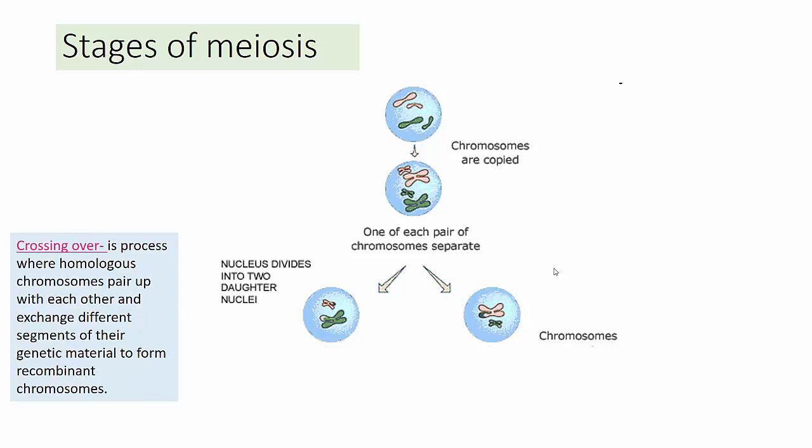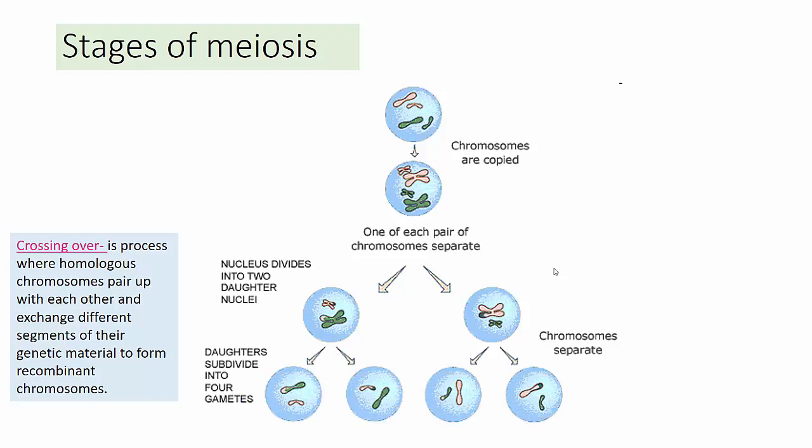So what that means is that the chromosomes swap bits of information with each other so that you always end up with slightly different gametes. Okay, that's why sisters and brothers don't look exactly the same. So the daughters subdivide into 4 new gametes.